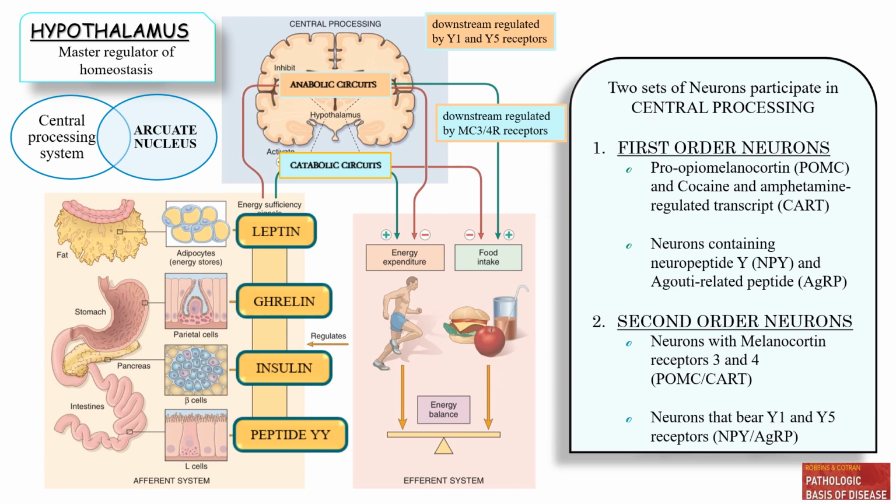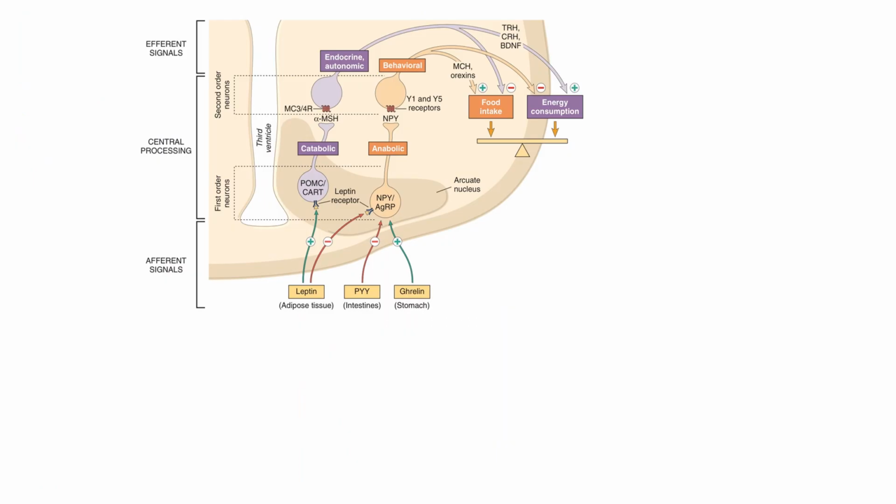So these are the three components of the neurohormonal mechanisms that regulate the energy balance in our body, and in subsequent slides we'll see how that happens. So, having understood the components, let us understand how these components interact with each other and regulate the energy expenditure and the energy balance of our body.